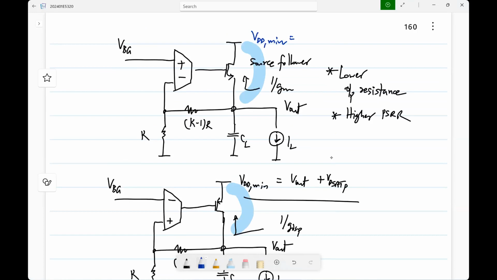What is the minimum supply voltage required there? Huh? What is it? I mean, is it different actually? Is it? VTN. Why?